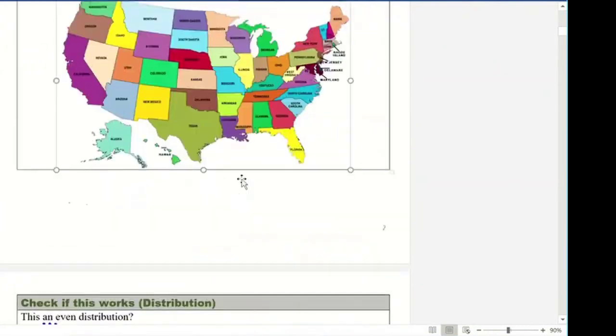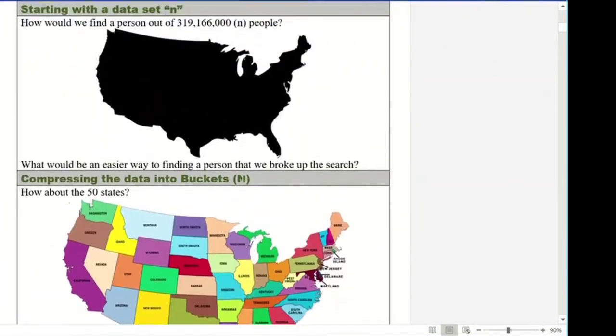So what I'm trying to do is find a person out of 319 million-ish people that are here in the United States. I don't know exactly where this person is, but I'm going to try to find them quickly.